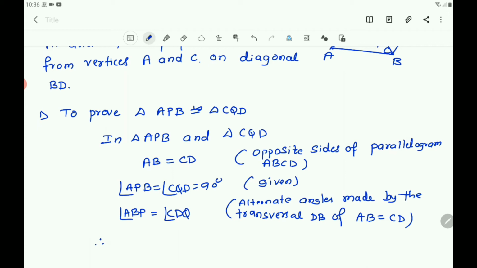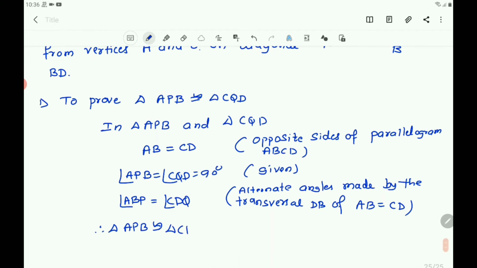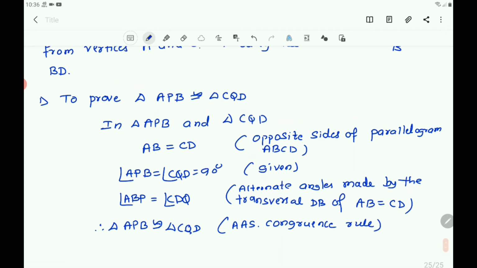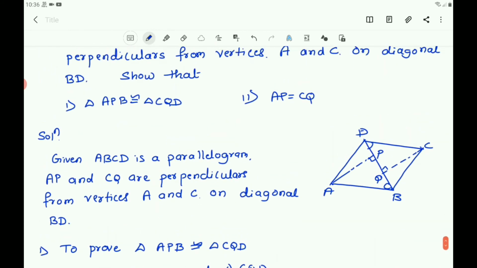You can write that triangle APB is congruent to triangle CQD according to the AAS congruence rule. And here the first one we got the proof, that is triangle APB is congruent to triangle CQD.